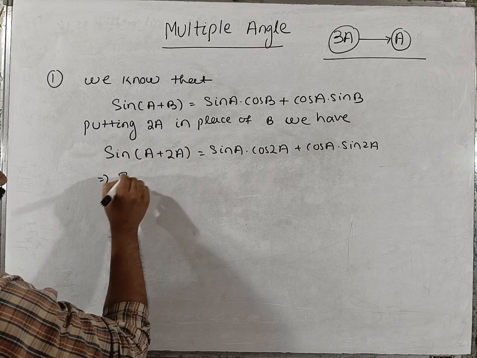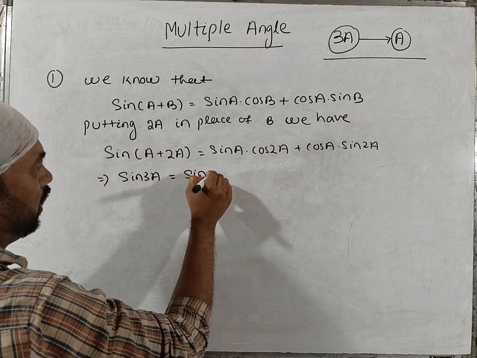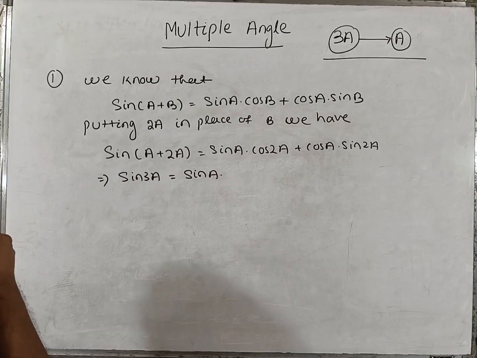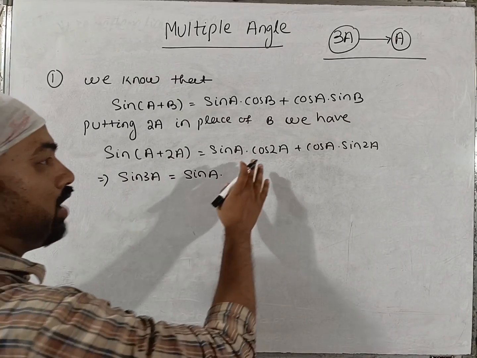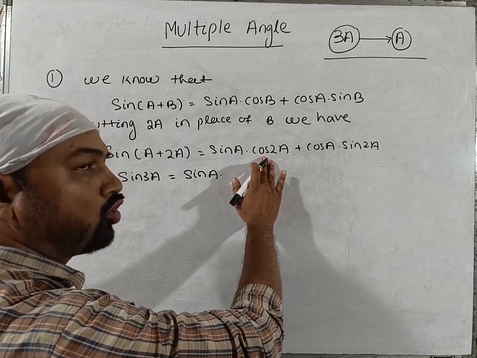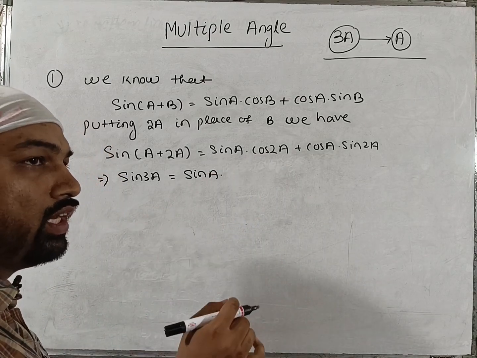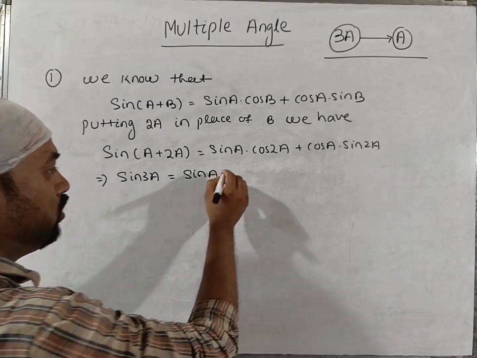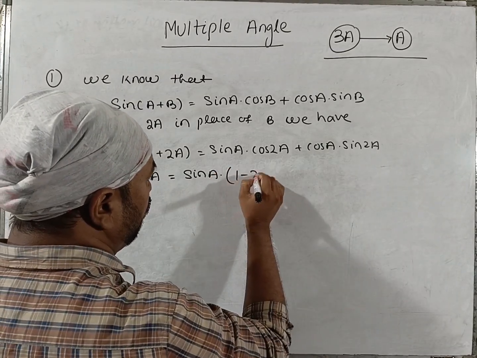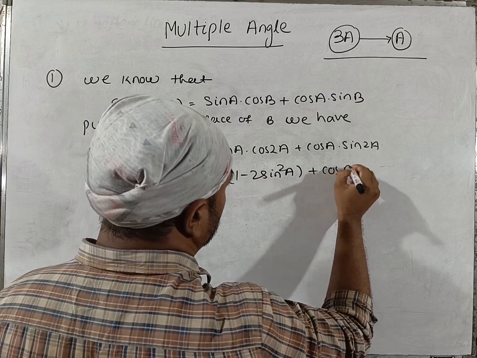2a plus a is 3a, so sin 3a is equal to sin a multiplied with cos 2a. There are 4 values of the trigonometric function cos 2a, and we have to put only the value which contains only the sin terms. So it is 1 minus 2 sin square a, plus cos a.